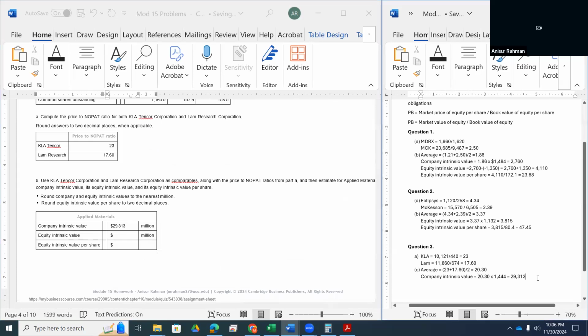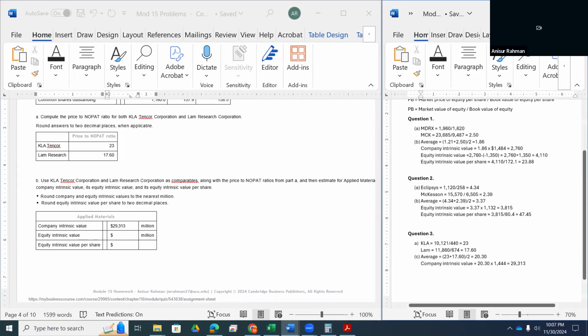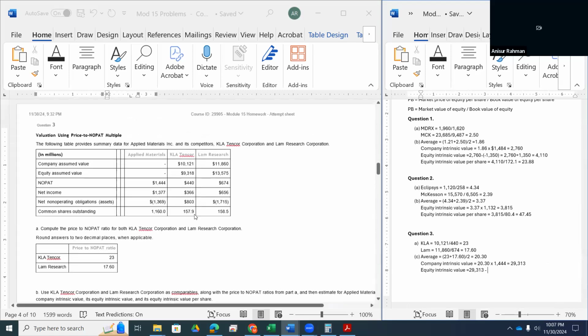Equity intrinsic value, remember this formula, equity intrinsic value is equal to company intrinsic value minus net non-operating obligation. So net non-operating obligation, it's a negative.